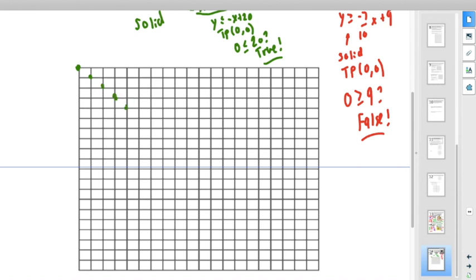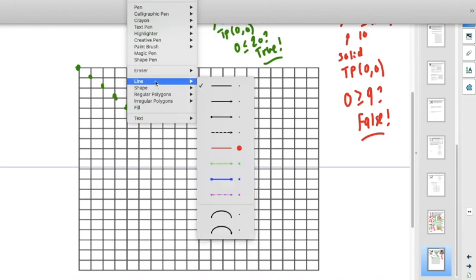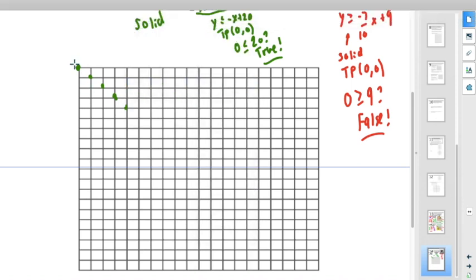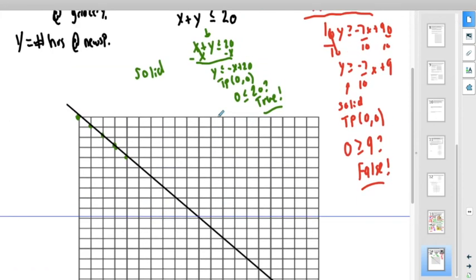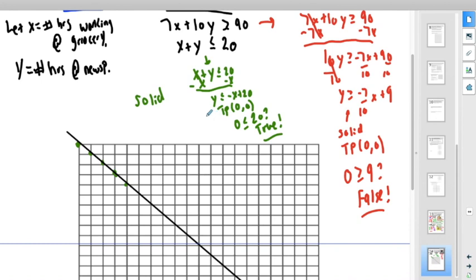Again, I'm not going to plot all of them, but as long as we have that straight edge, do a nice straight line all the way through. Again, label your line, which is X plus Y is less than or equal to 20. That's this line.